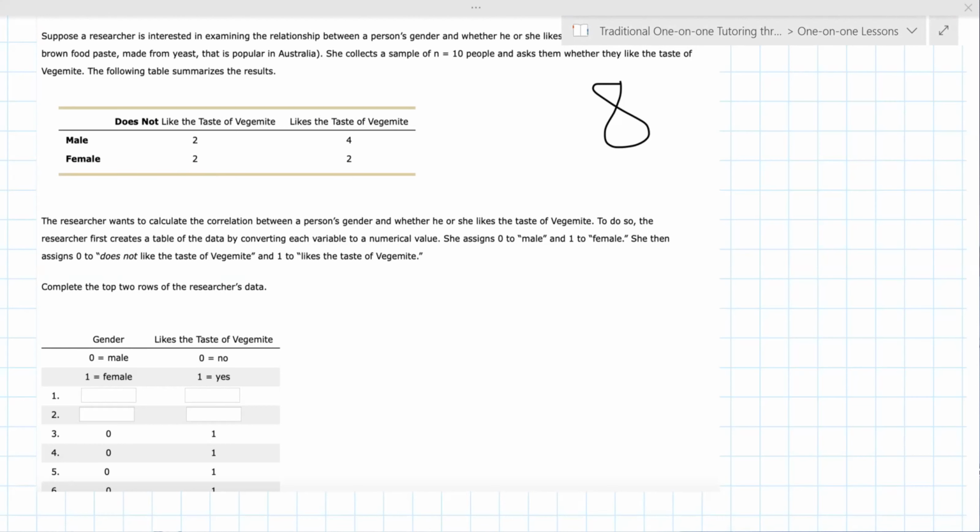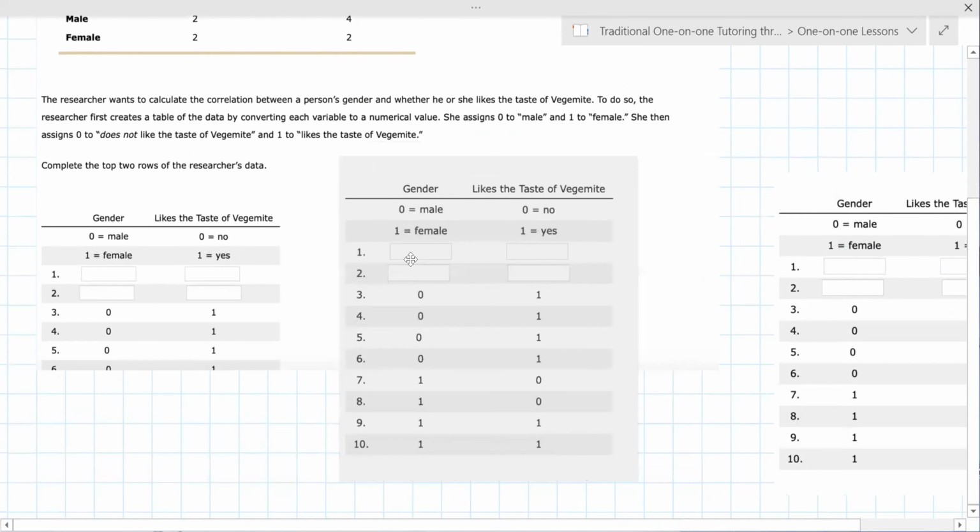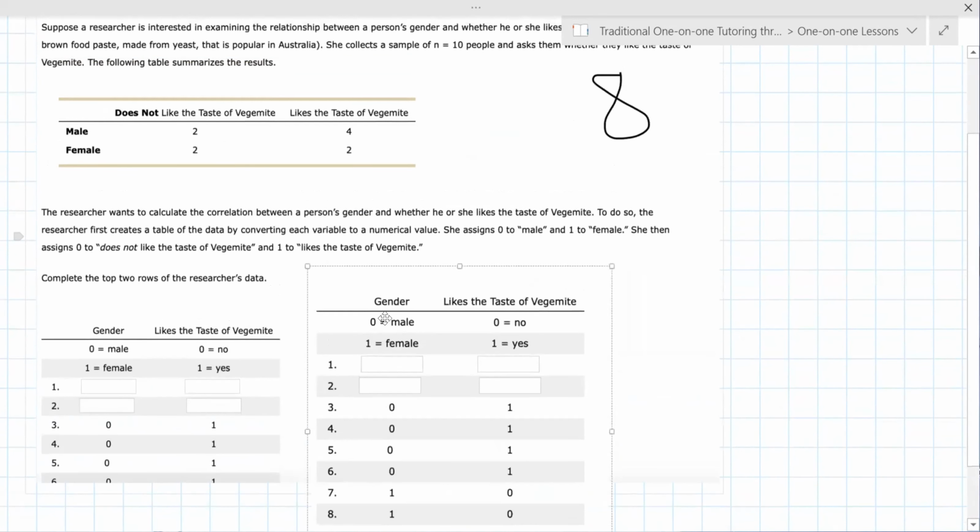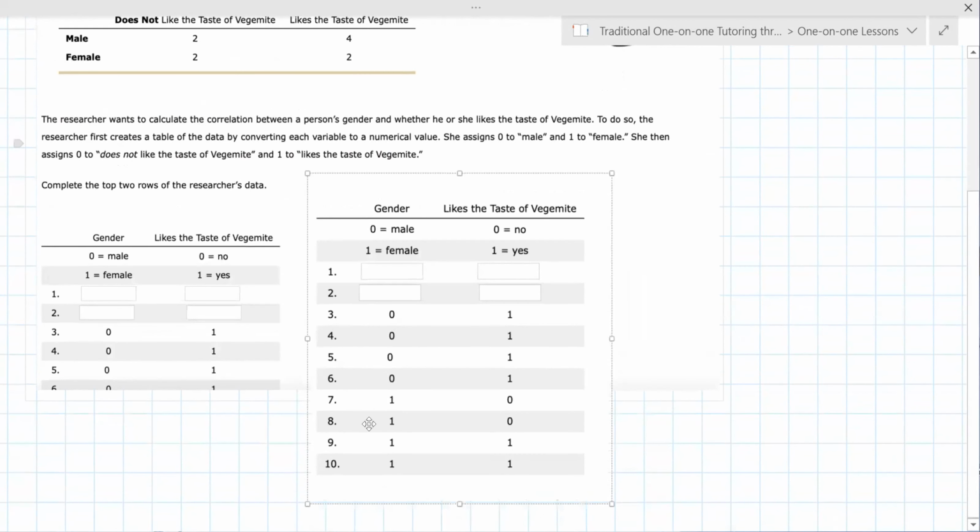Okay, let me snip in this other picture. I don't know why they ever need to do this, but you're just trying to figure out, see if I can just overlap here. So you know that there's 2 males that like it. So there's your males, and then there's the 2 of them that like it.